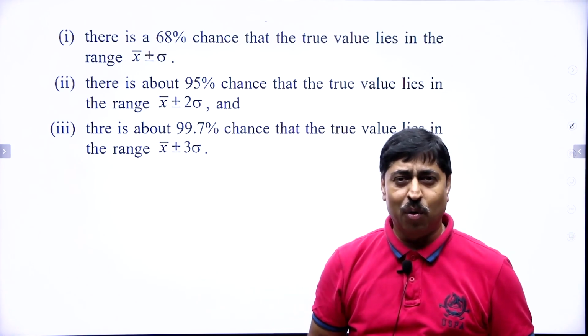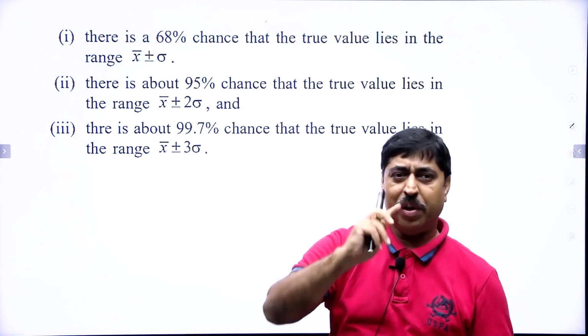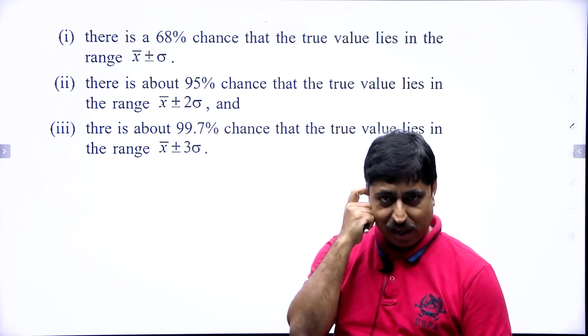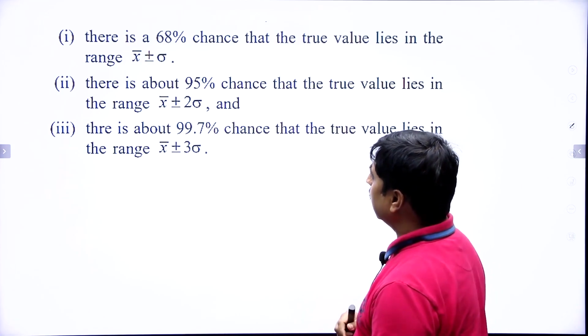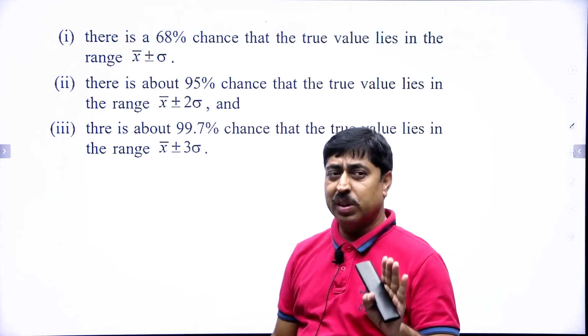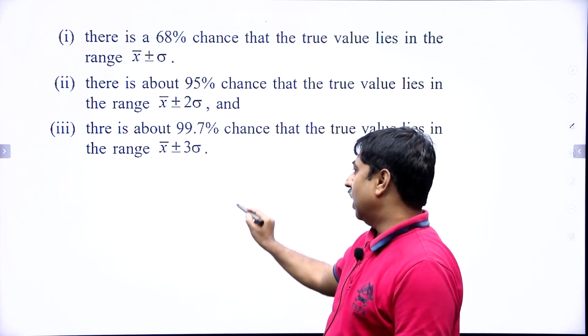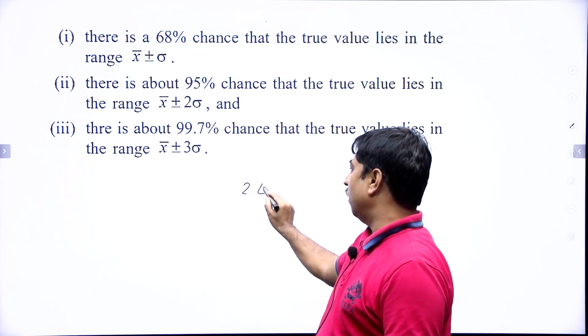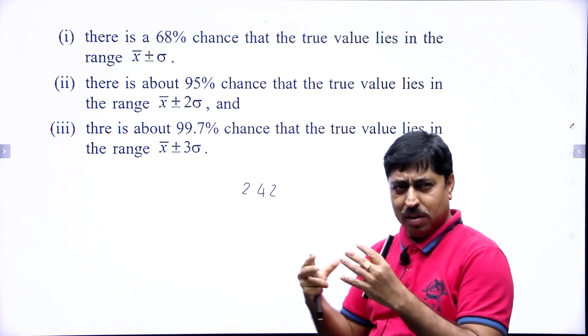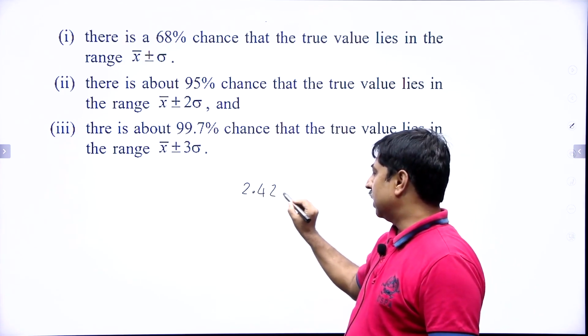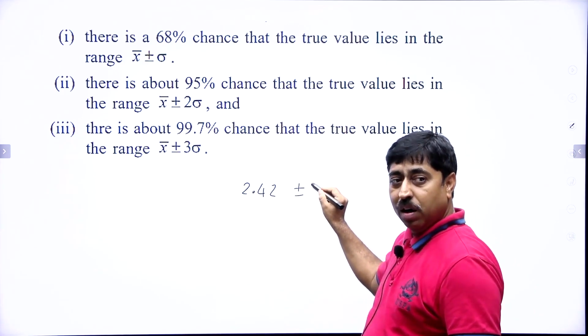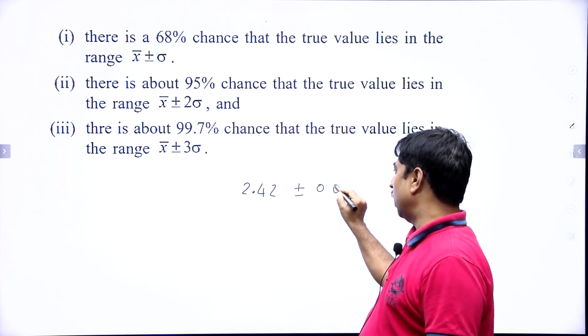Now, again bring a very good vernier caliper and measure this diameter, let us say, with a good scale. There is about a 68% chance that the diameter will be between these values: this is the true value, the average of all the values, and the standard deviation is sigma, which we have calculated as 0.02.